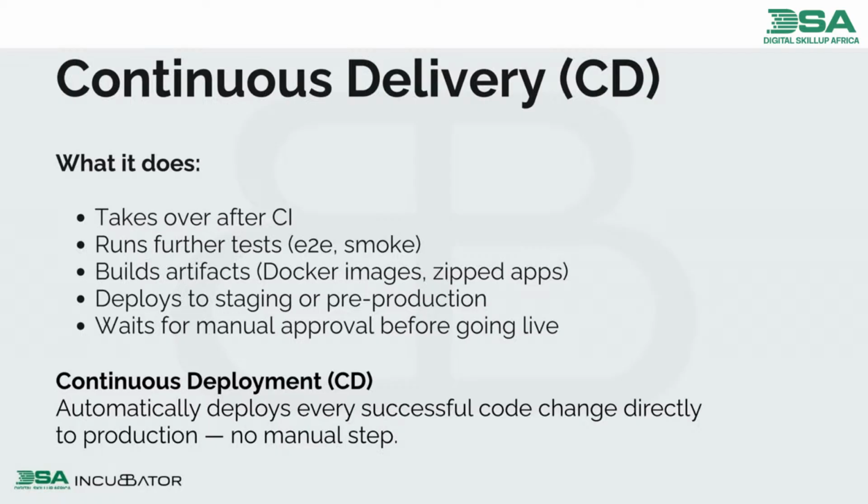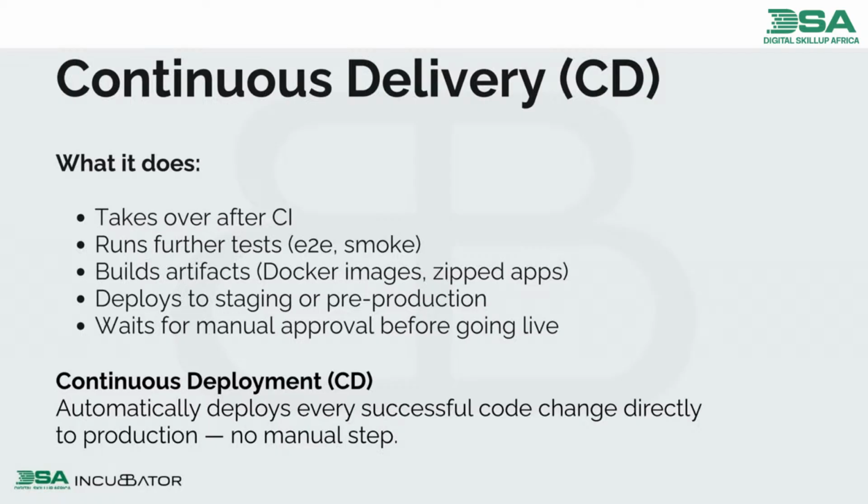So what happens during CD, or continuous delivery, is it deploys your pre-production code to a staging server, and then you can wait for a manual approval before it goes live. And this is where it differs from continuous deployment. In continuous deployment, everything is automatic.